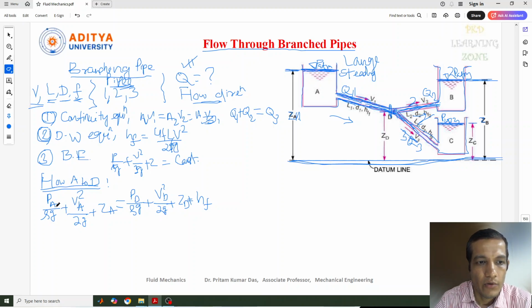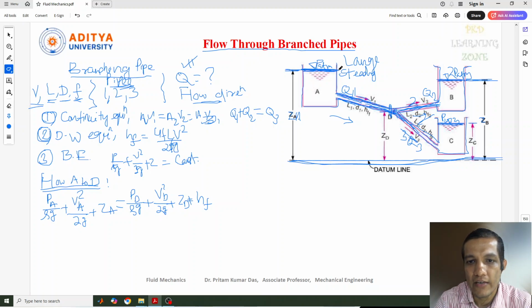Now this equation can be written in another form. This is the pressure head, this is the velocity head. So what pressure head have we considered at this surface level? This surface is connected to the atmospheric pressure.